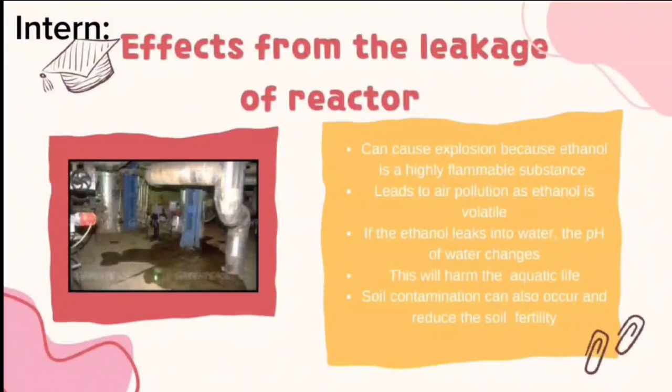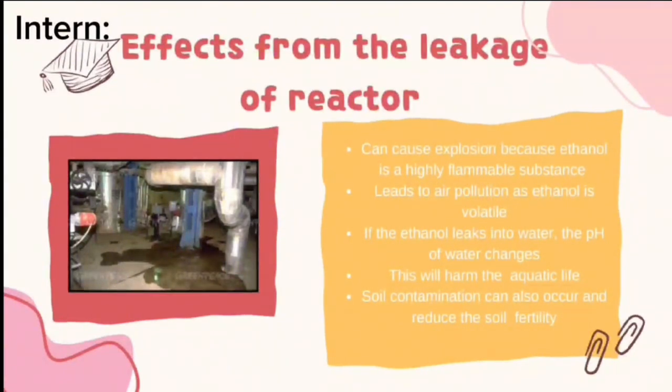And lastly, the leak from the reactor can also lead to soil contamination. Acidic conditions may reduce the availability of essential nutrients such as phosphorus, potassium, and calcium, and increase the solubility of toxic metals like aluminium. This will make the soil infertile.